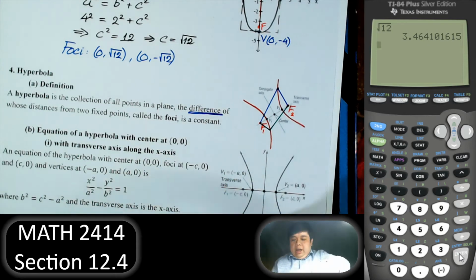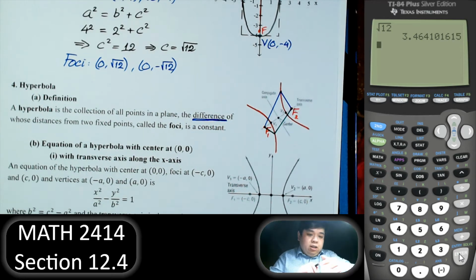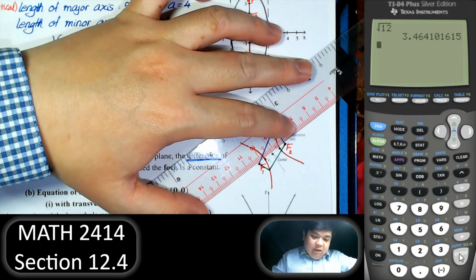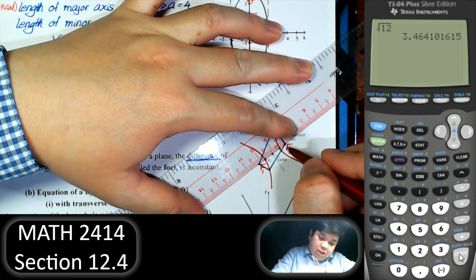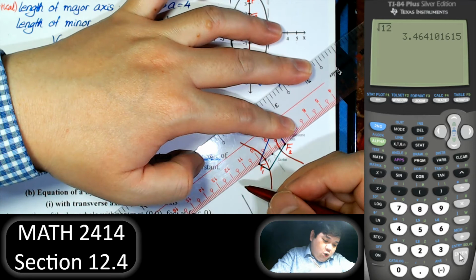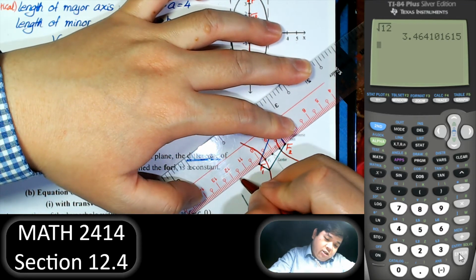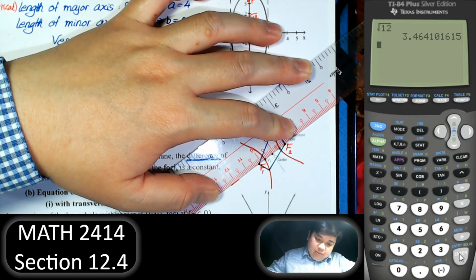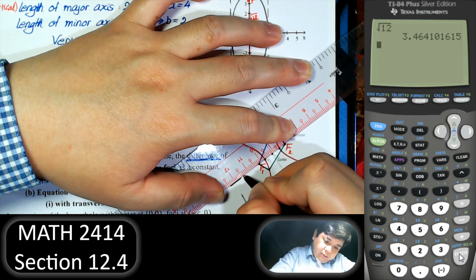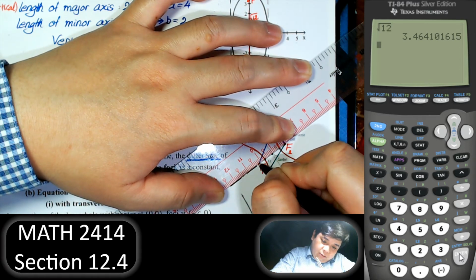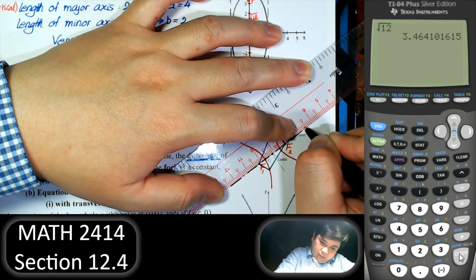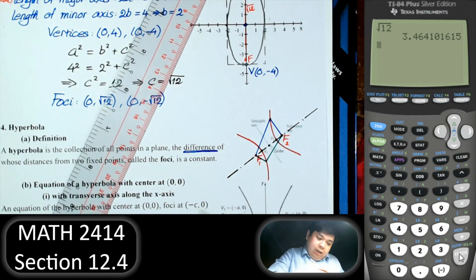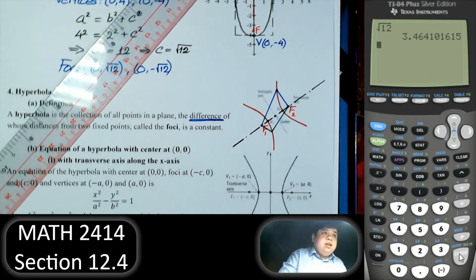Right. Now, to actually draw this, we will have an axis that goes through two foci and two vertices, and this is called the transverse axis. Yes, that's called the transverse axis.